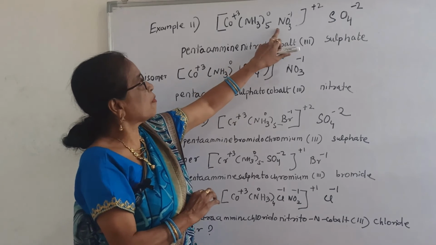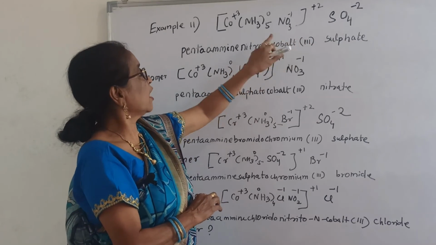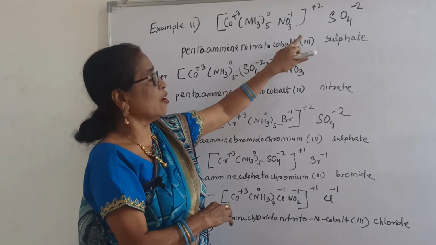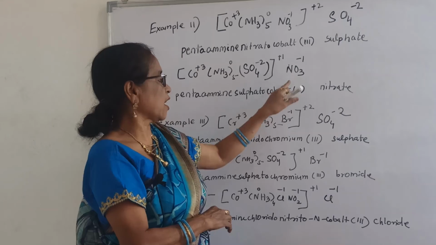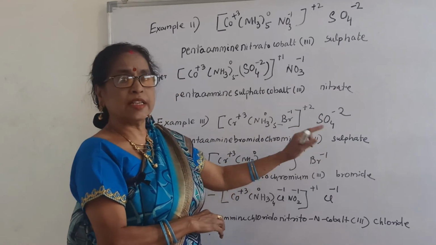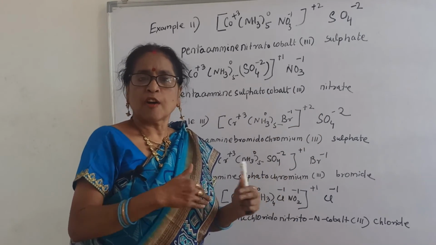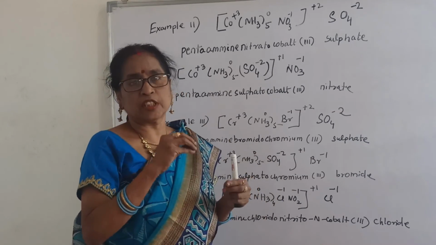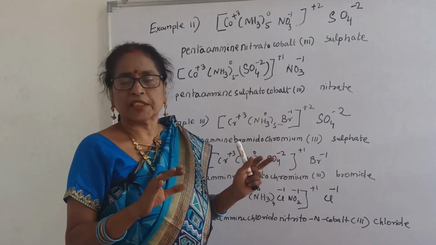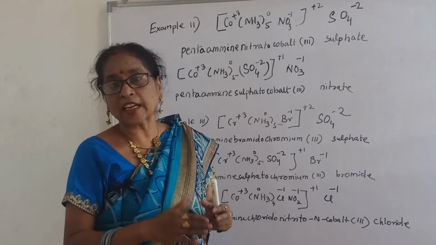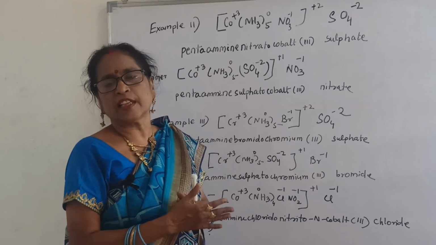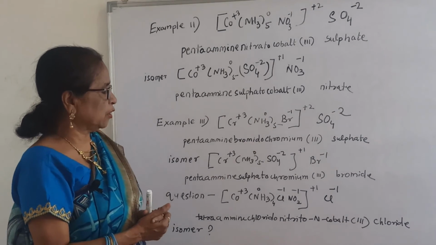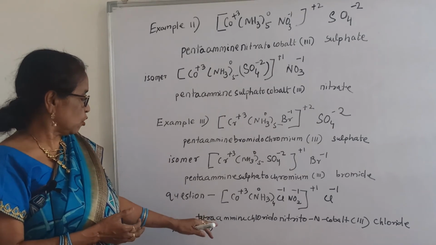It will not give the property of the nitrate ion or of the sulfate ion when it is inside, because sulfate is outside here, nitrate is outside here, bromide is outside. Whatever is outside the coordination sphere will give the acid radical test; what is inside the coordination sphere will not give any acid radical test. Rather it will act as a good ligand inside the coordination sphere. So these are the examples of ionization isomerism, and this is the question you try.